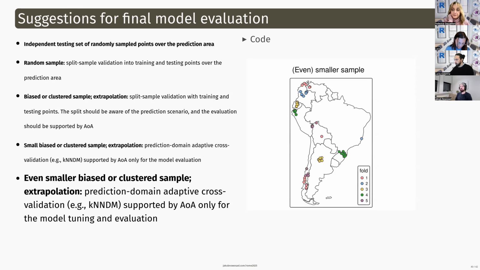And finally, if we have an even smaller sample, but we don't know what kind of parameters our model should use, or maybe we want to do model tuning, so we maybe also want to do feature selection, etc. Then we can also do this approach.